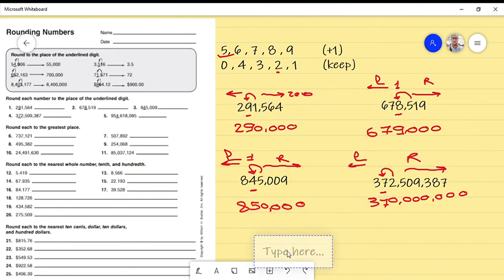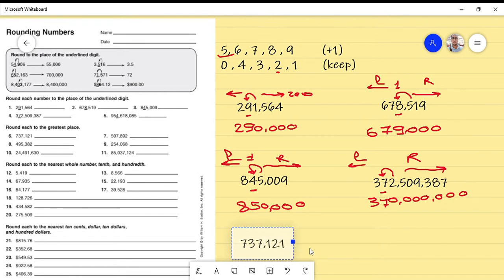Let's move to another point. Here it says round each to the greatest place. So what is the greatest place here? Look here: 737,121.